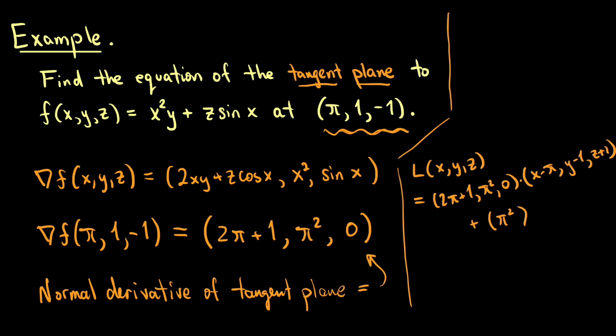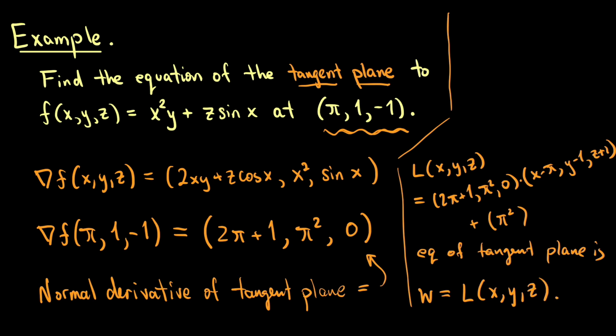Okay, so the equation of the tangent plane is w, which is maybe the fourth variable in R4, equals L of x, y, z.